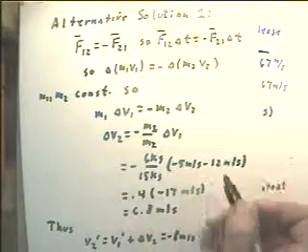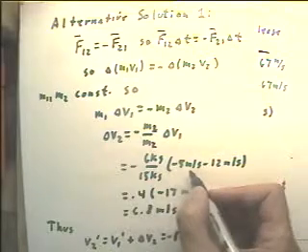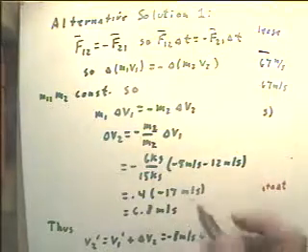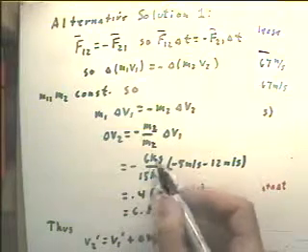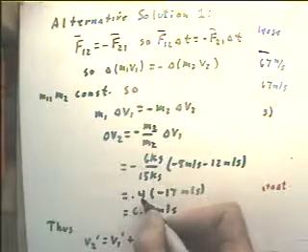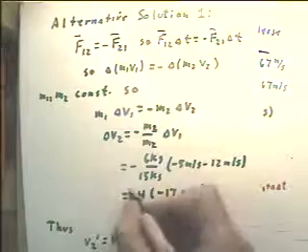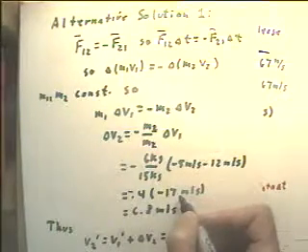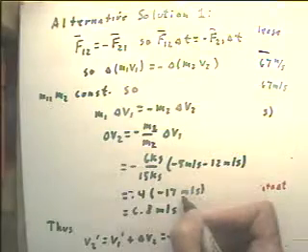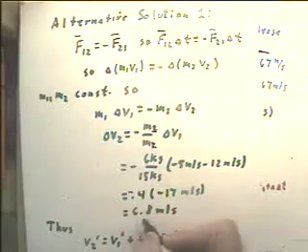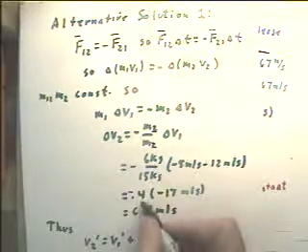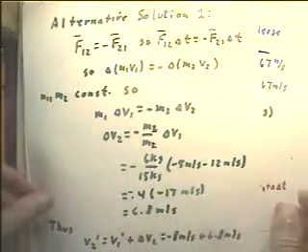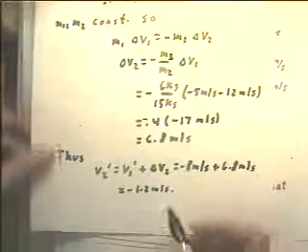The delta v1 is the negative 5 meters per second final velocity minus the 12 meters per second initial velocity. The ratio 6 over 15 is 0.4, and that should be negative 0.4, times negative 17 meters per second, the change in velocity of the first object. So the second object has a change that's 4/10 of the change in the first and of opposite sign, giving us a change of 6.8 meters per second.